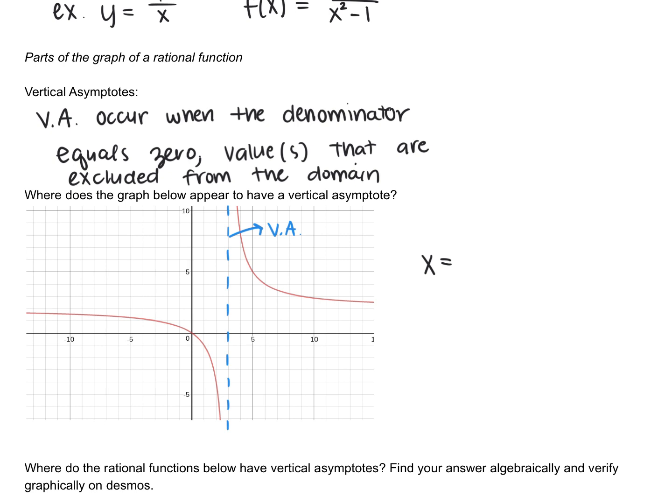And from this graph, it's the value of x equals 3. So that tells me that the denominator of my function has to contain x minus 3. I don't know what the numerator is. In order for it to have a vertical asymptote at 3, the denominator has to be x minus 3. Based off this graph, I don't quite know what the numerator is. It could be 1. It could be pretty much anything at this point.